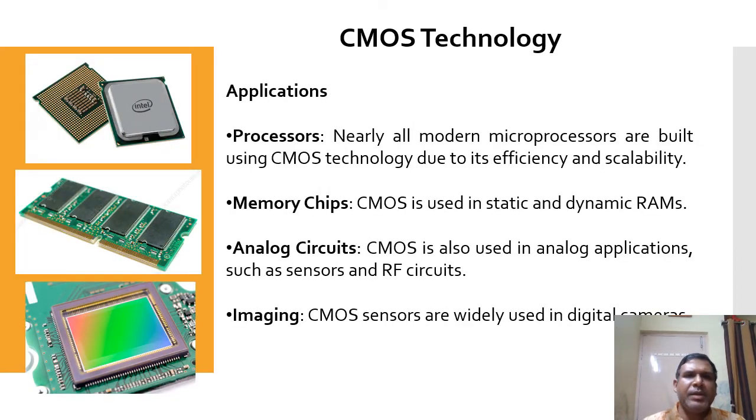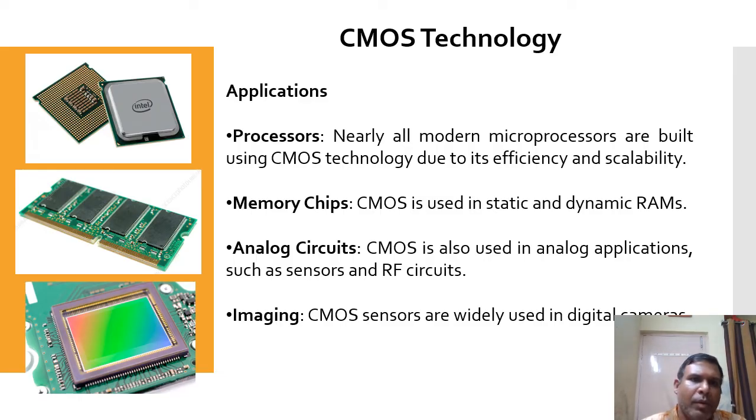Now the question is, where is the application of CMOS? Just now I explained, CMOS basically, 90 to 95% of the digital ICs in our electronic market are based on CMOS devices.